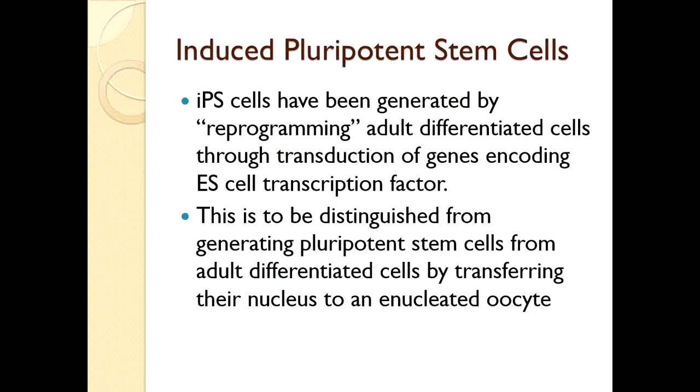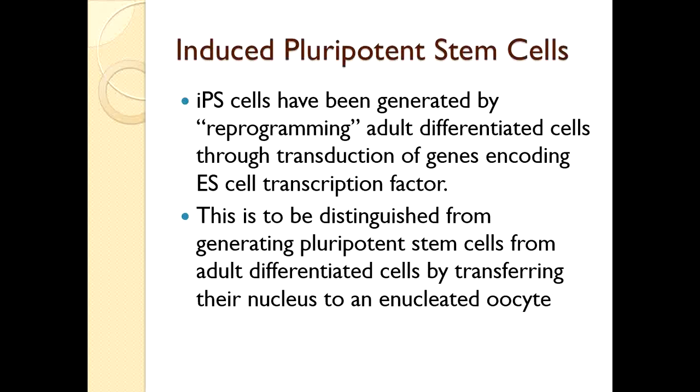Induced pluripotent stem cells. These are also named iPS cells. The iPS cells have been generated by reprogramming adult differentiated cells through transduction of genes which encode embryonic stem cell transcription factors.